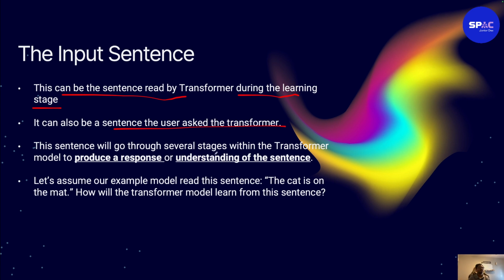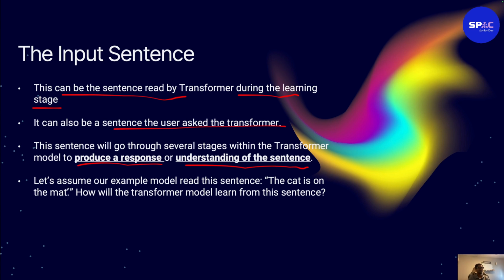The sentence will go through several stages within the transformer model to produce a response or understand the sentence. The transformer has to understand the sentence, and if you are asking it a question, it will also know how to give you a response.